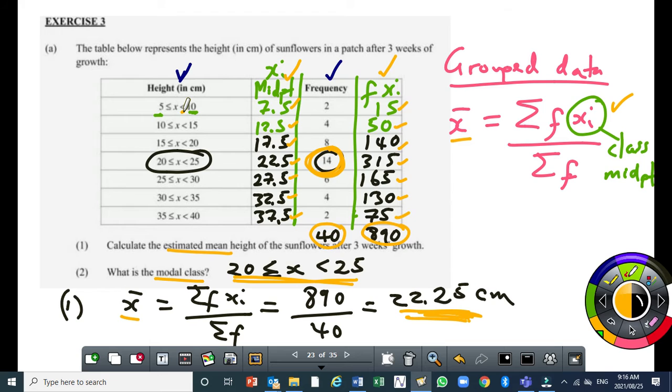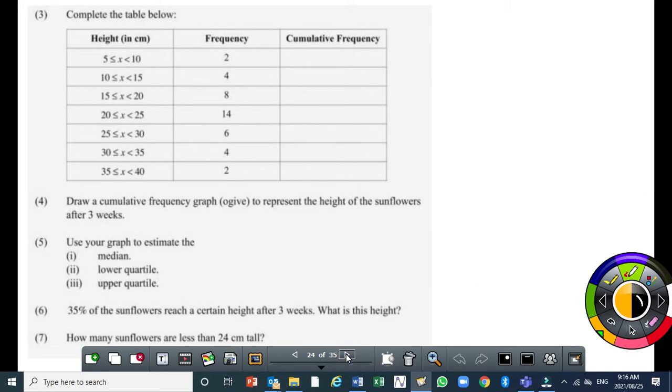Then the next question is on the cumulative frequency. This is a new concept which I introduced on Monday. We have never done it in grade 10, never did it in grade 8 and 9. It's a totally new concept. The cumulative frequency is the sum of the current frequency and the cumulative frequency of the previous class interval.